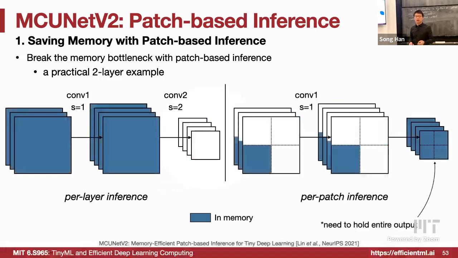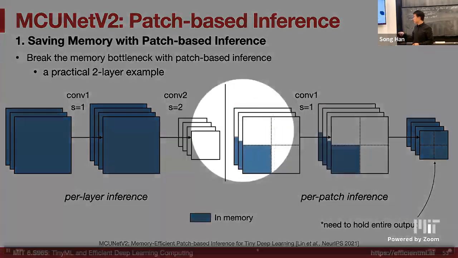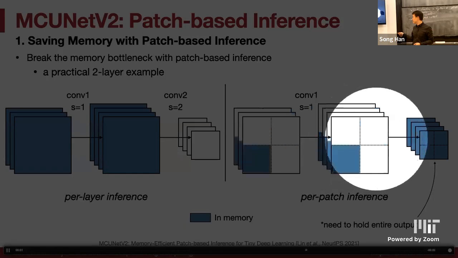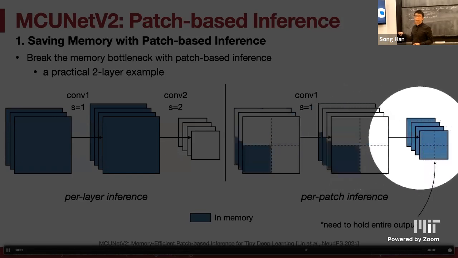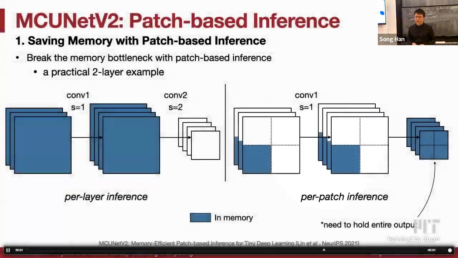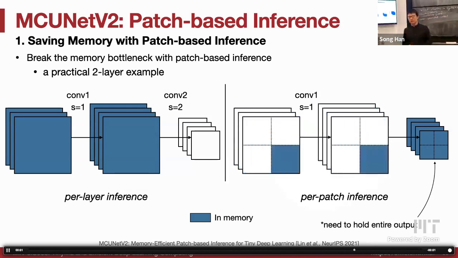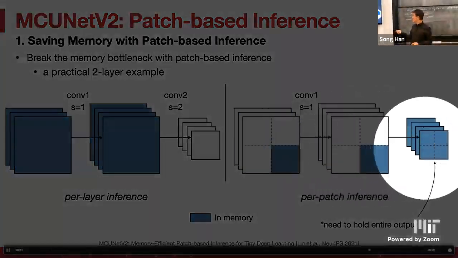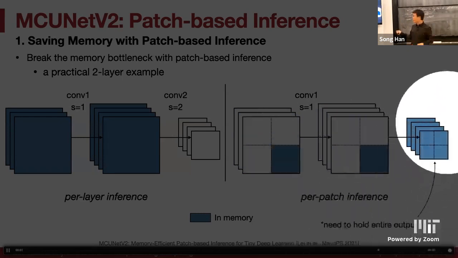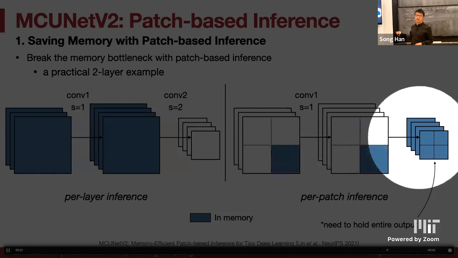Rather than calculating everything, now we just calculate 1/4 of the activation, and then we can directly go to the second layer. Just like eating a pizza. If the pizza is too large, you cannot eat it. Then you chop it, divide it into 4 pieces, and eat a smaller pizza. And here we have 4 smaller pizzas. And finally, we have to hold the entire output, assuming after a couple of downsample layers, this becomes a smaller pizza.